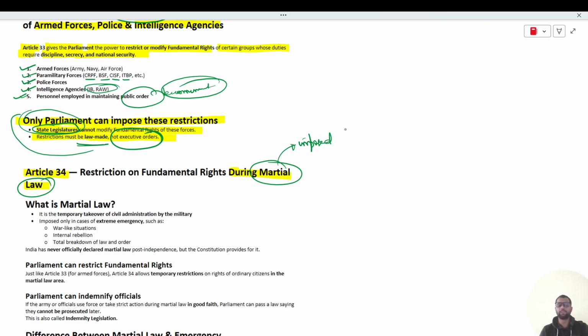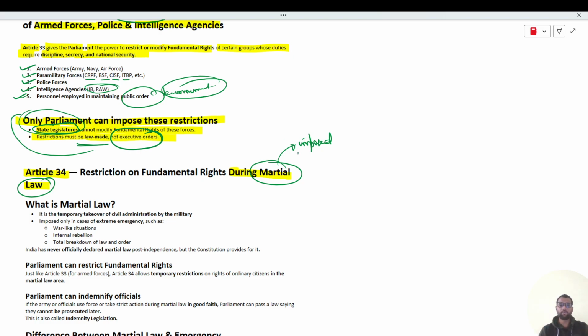Why am I telling this? Because in the history of the Indian government, till now, martial law has not been imposed. So if it is imposed, it will be the last remedy available to the government, the last option.